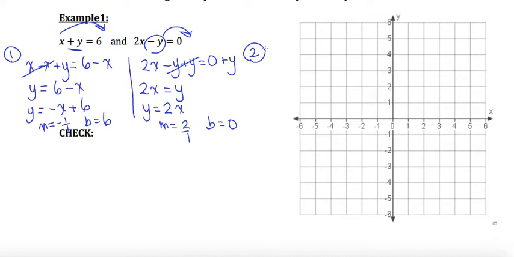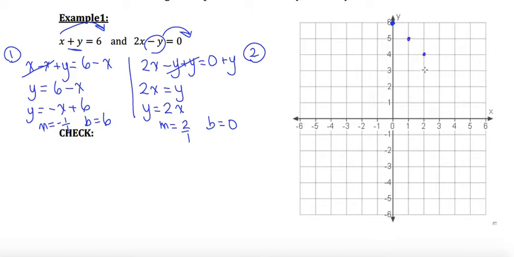Again, you can use different colors if you're doing this at home using pencil crayons or different color pens, or you can just label your graphs, whichever is easier for you. So I'm going to start by plotting my y-intercept of 6, right up there. My slope is negative 1 over 1, so that tells me for every value I go down, I have to go over to the right one.